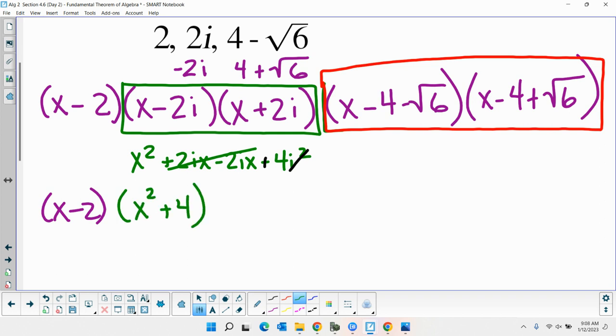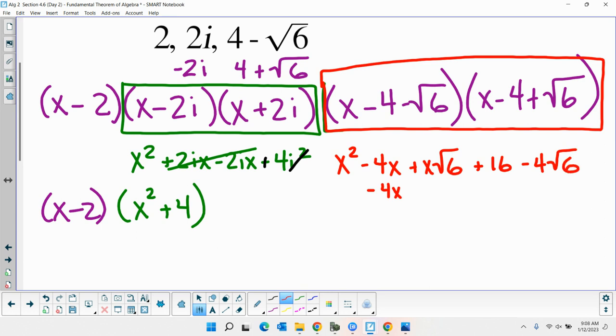All right? Now I'm going to do the red box. X times x. X times negative 4. X times square root of 6. Okay? Negative 4 times x. Negative 4 times negative 4. Negative 4 times radical 6. Negative radical 6 times x.